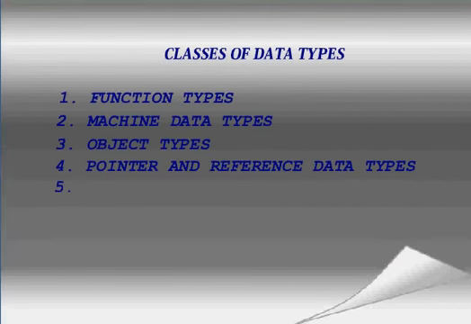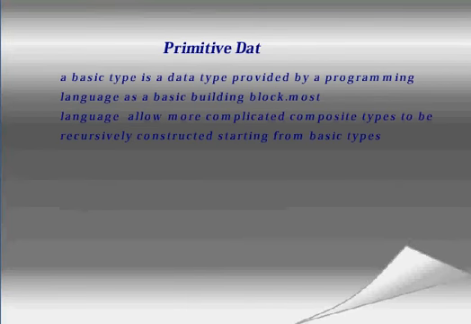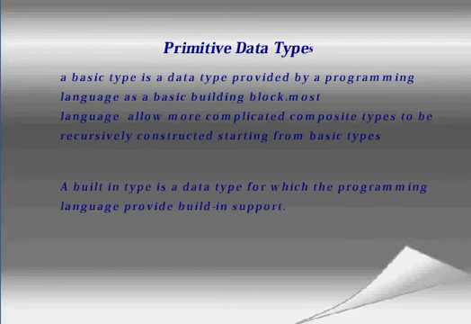The final one of the classes of data type is primitive data types. Primitive data type can refer to either a basic type, which is a data type provided by a programming language as a basic building block. Most languages allow more complicated composite types to be recursively constructed starting from basic types.